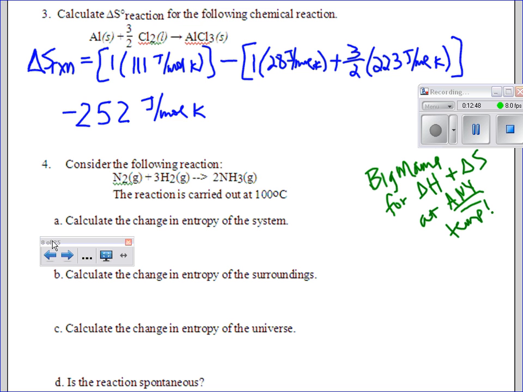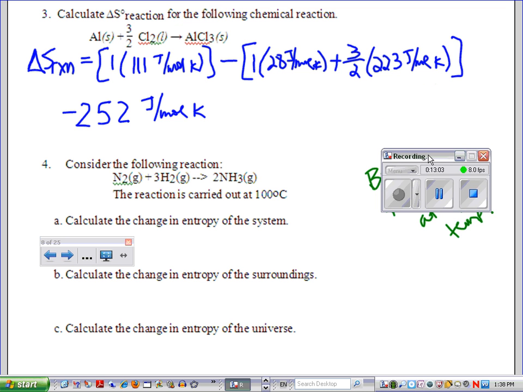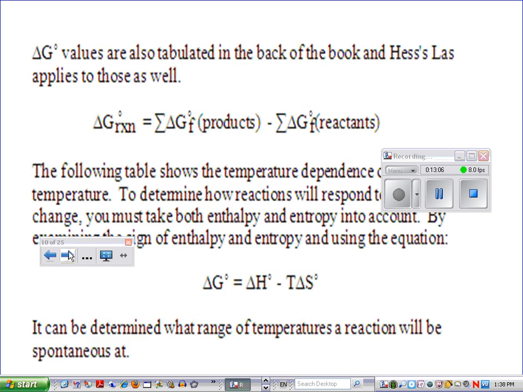Number 4 is our last problem, but one thing I do want to do is show you how to predict what happens to a reaction's entropy when you look at an equation. So turn to page 10 in your notes, which is number 9. Where did my, there it is.